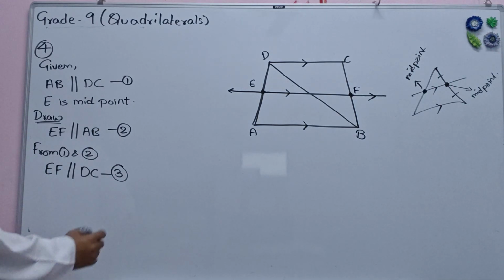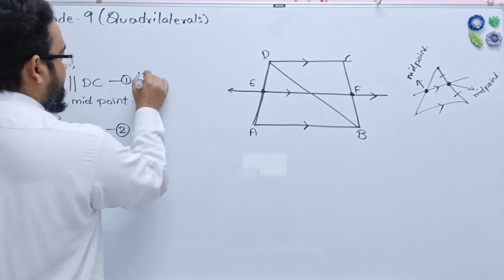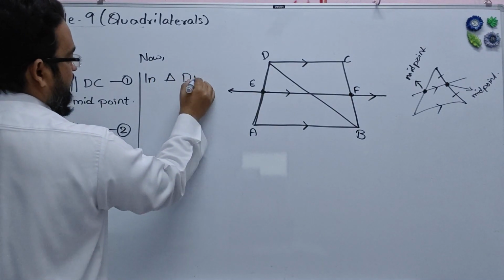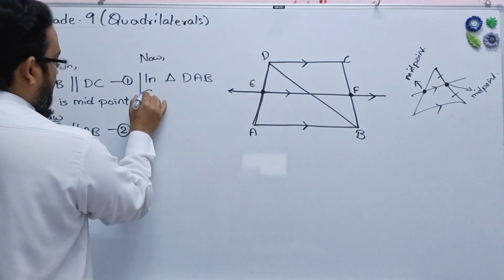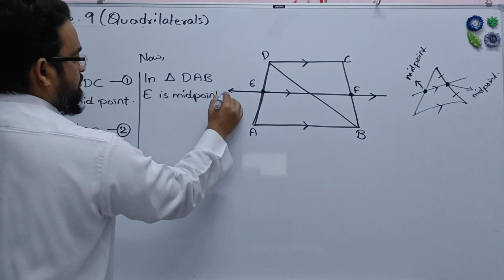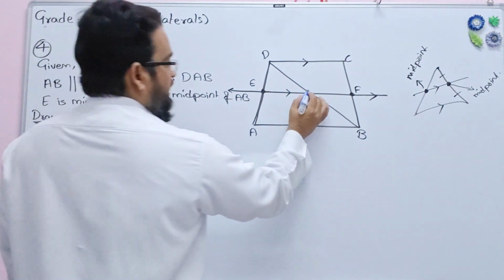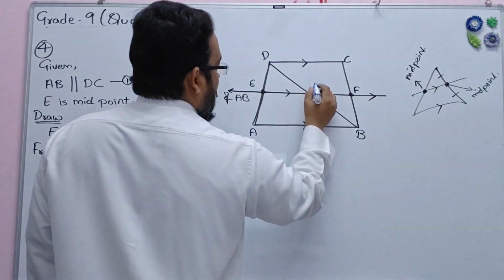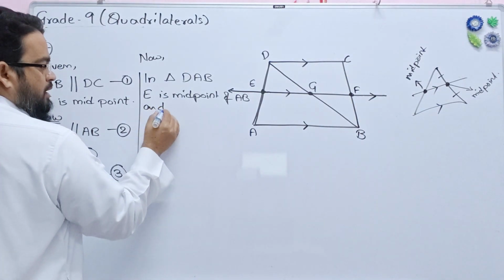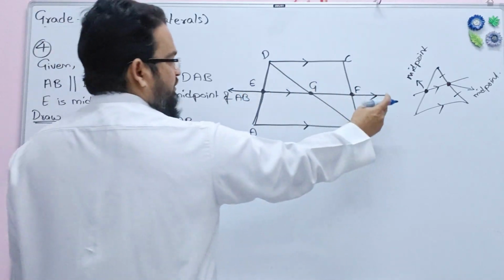And now after that, in triangle DAB, E is midpoint of AB. And next one, let us say it intersects at G. EG is parallel to AB. EG means EF, right?